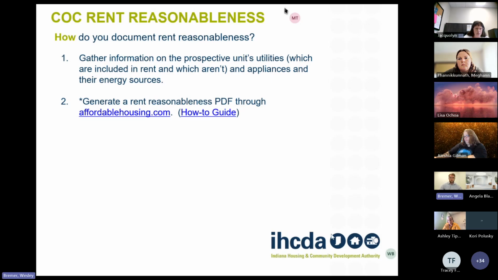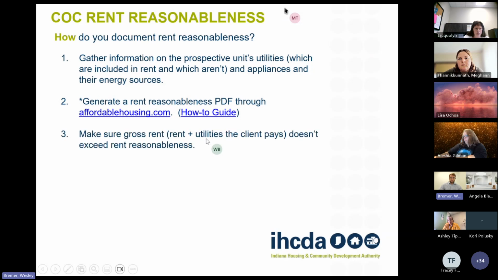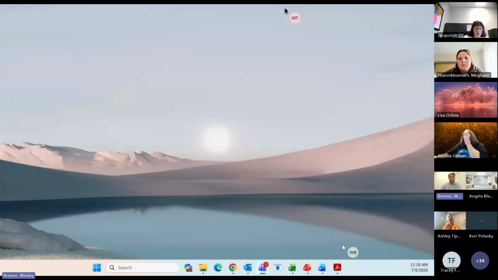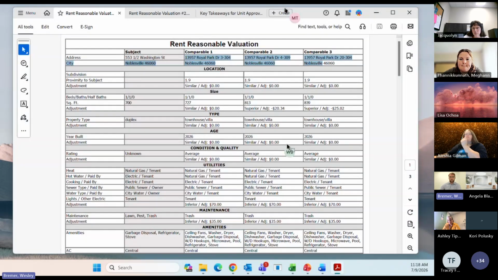So I'm going to pop over to the example, and it's kind of like bad cop, good cop. I'm going to give you an example of maybe what not to do, and then a better example. So here on this PDF, you're seeing a 3-page printout from affordablehousing.com.